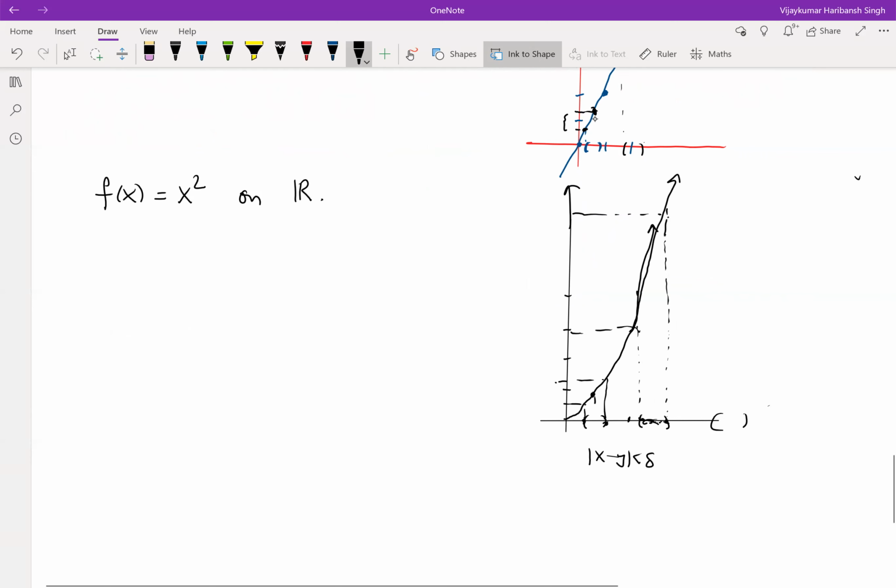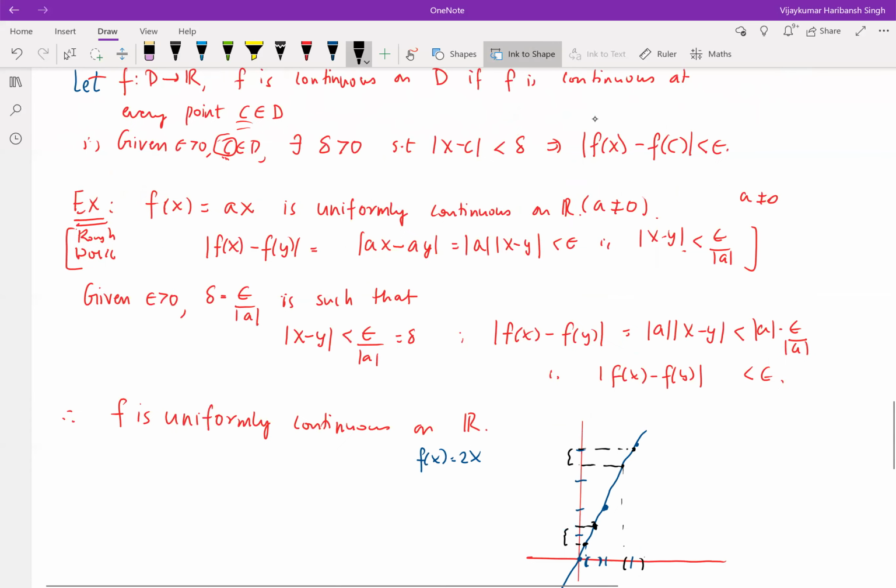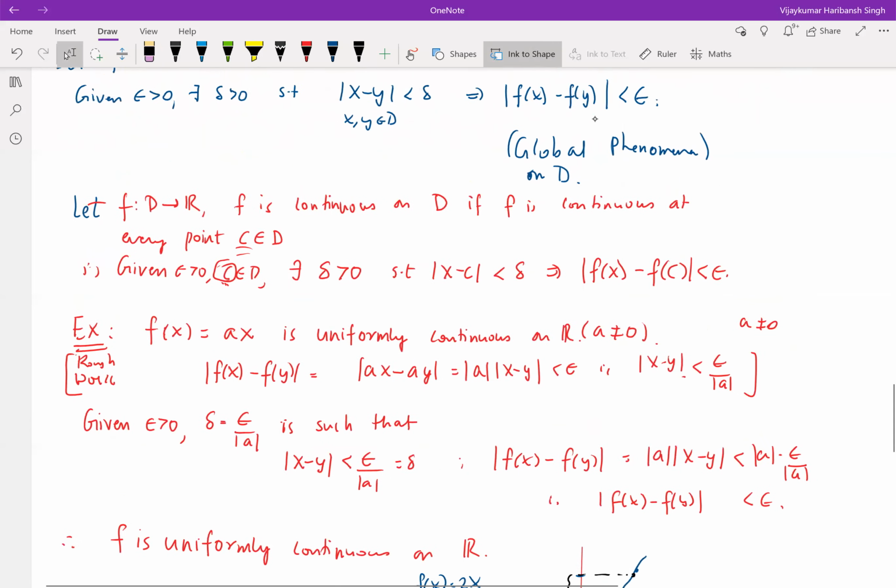So let's prove this. What does it mean for a function not to be uniformly continuous? Let's give that definition first. We want the negation of the statement of uniform continuity.